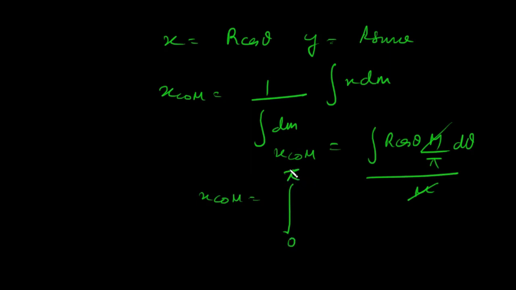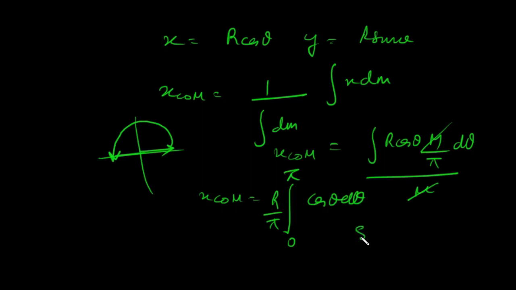You see, this will go from 0 to pi as this is a half circle, as this angle is assumed to be 0 from here till here, anti-clockwise 180 degrees. That's it. So this would be equal to r divided by pi cos theta d theta. You see, cos theta d theta integrates to sin theta, and putting the limits over sin theta, sin pi is 0, sin 0 is 0, so we get 0. So x com is 0.